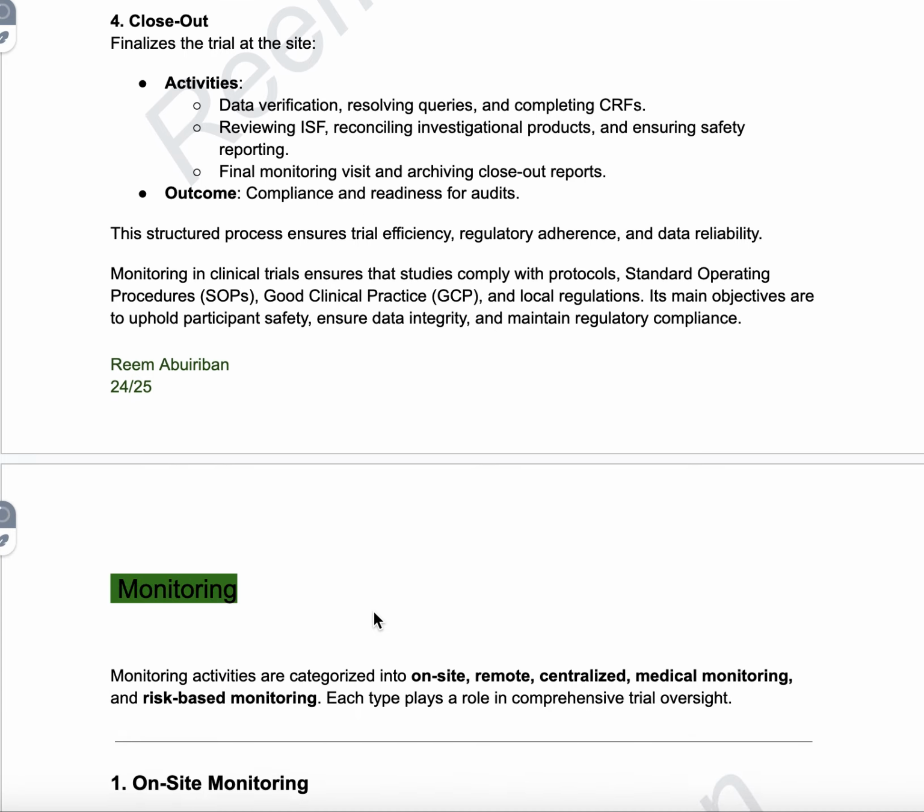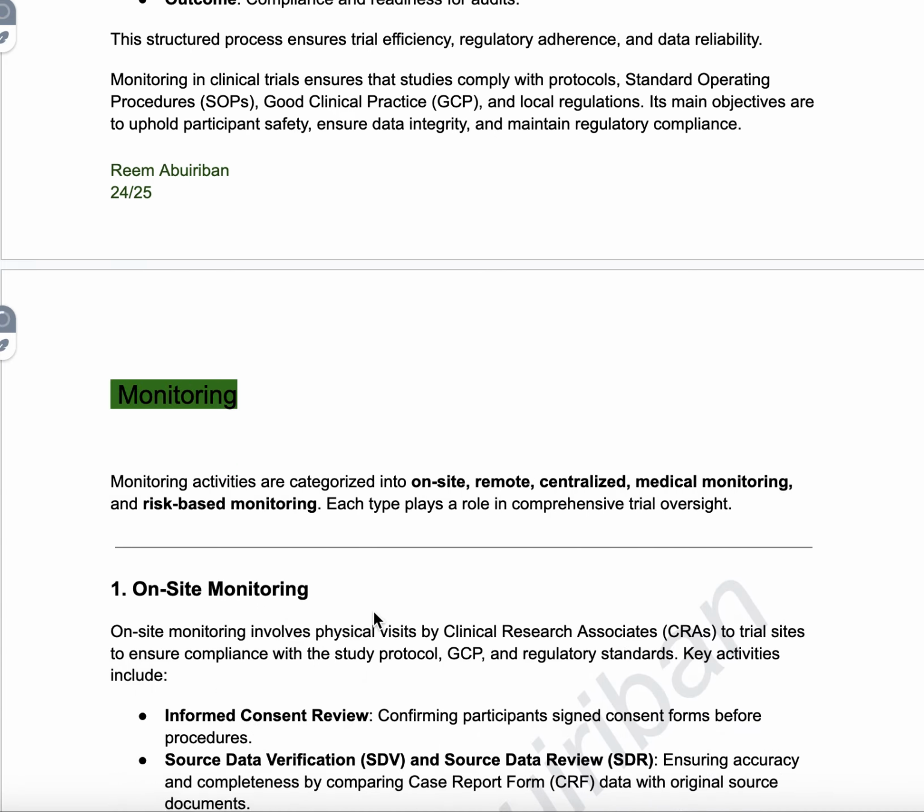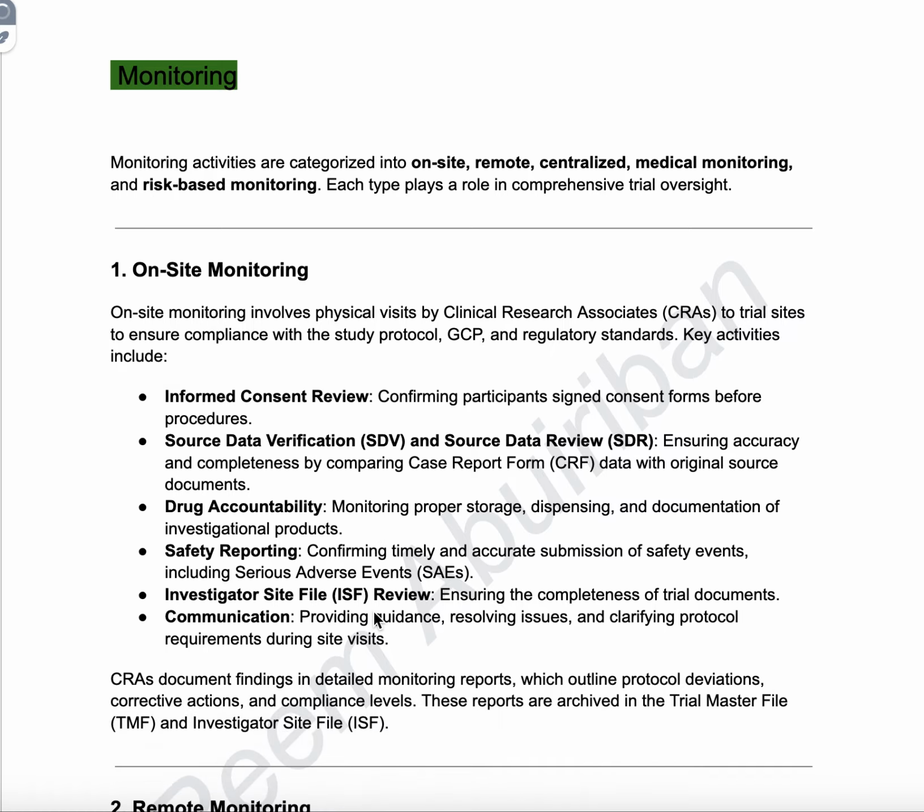So this is about site management. Now we talk about monitoring. Monitoring activities are categorized into on-site monitoring, remote monitoring, centralized monitoring, medical monitoring, and risk-based monitoring, five points. Each type plays a role in comprehensive trial oversight.